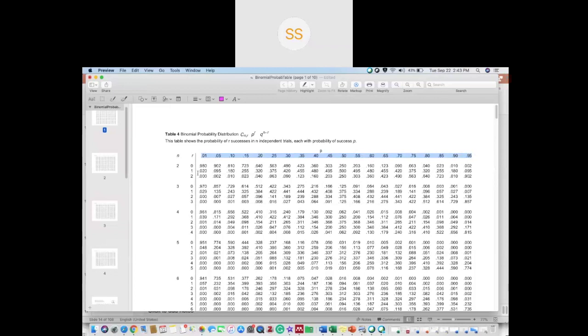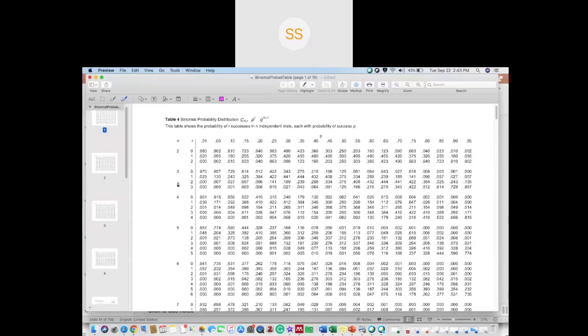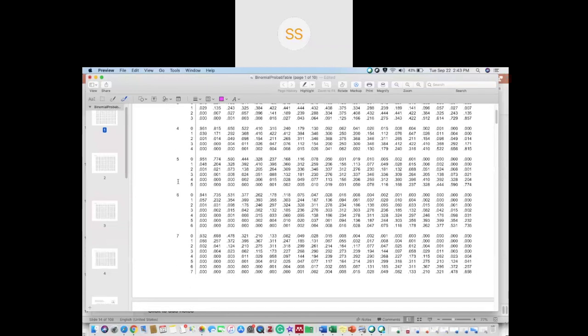Now on the left hand side, this column is for your n values. So n is 2, n is 3, 4, 5, and so on.